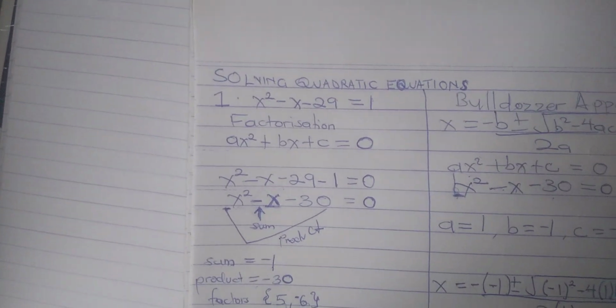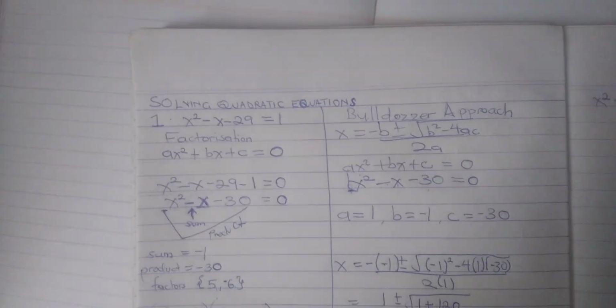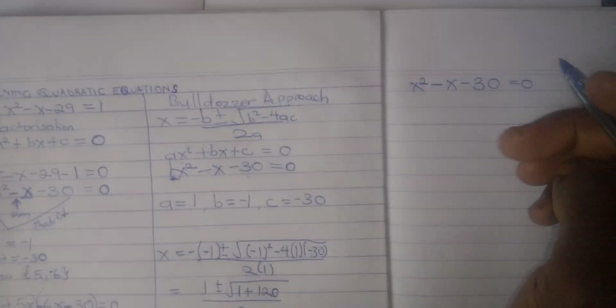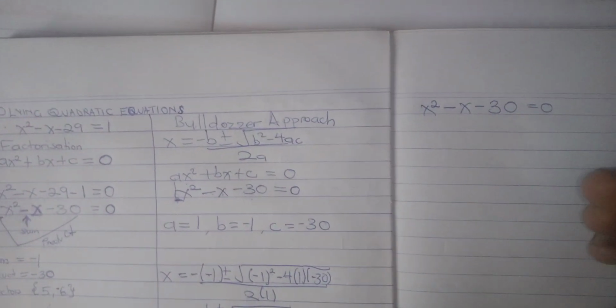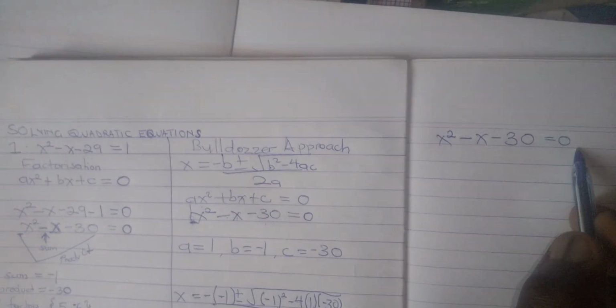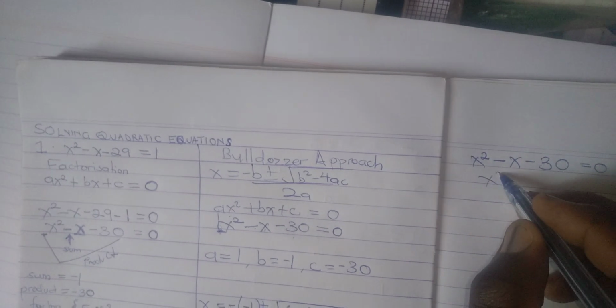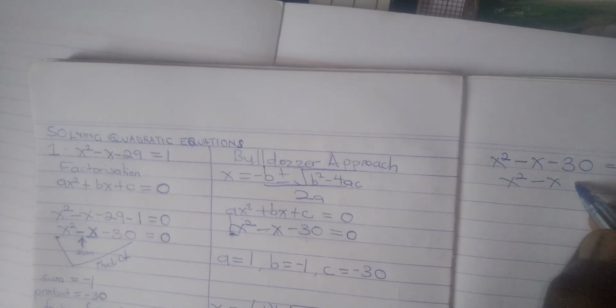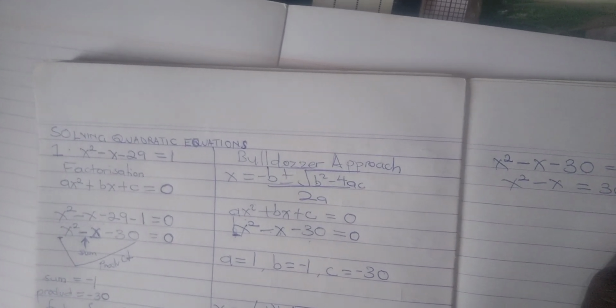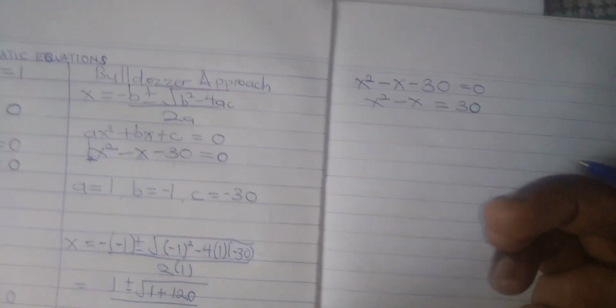We said when we are completing squares, make sure that we always put the constant on the right. So x squared minus x equals a third. I put the constant on the right.